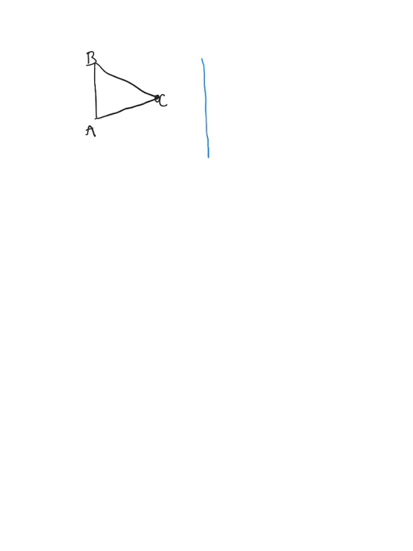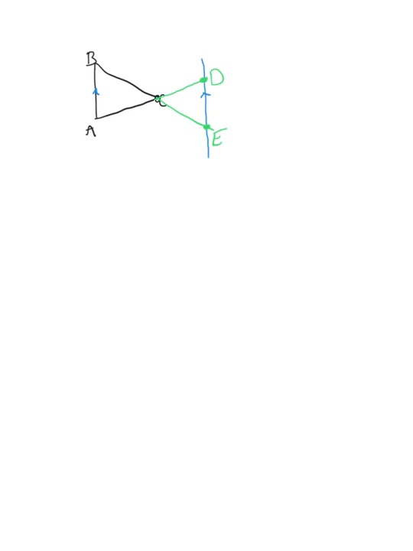It's a little bit better. I'm going to do this one. So these lines are parallel. And I'm going to extend these here. So this is going to be E, and this is going to be D.